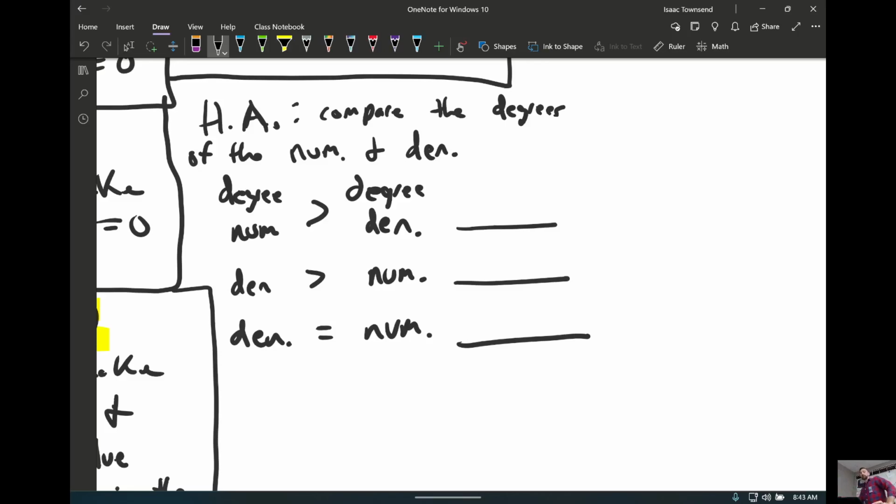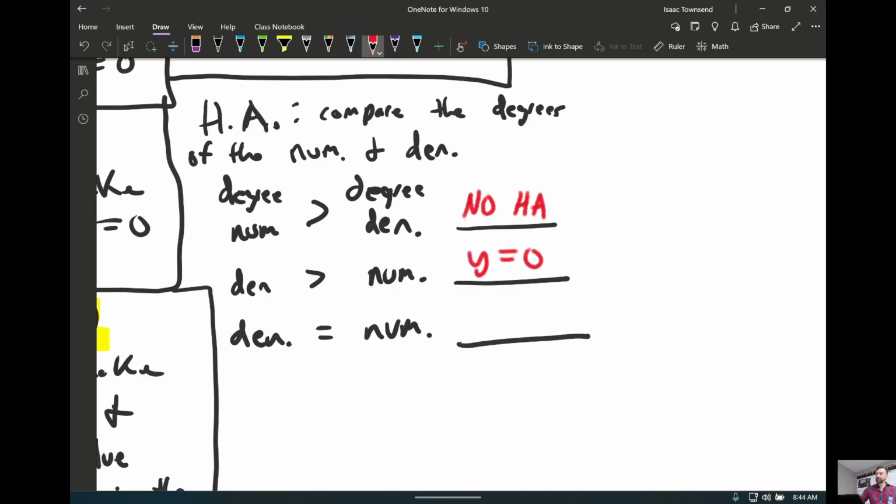Okay, so when the degree of the numerator is bigger, this is when it does not have a horizontal asymptote. The far right and far left of the graph are going to go up to infinity or down to negative infinity, just depending on the shape of the graph. If the degree of the denominator is bigger, the horizontal asymptote will be y equals 0.